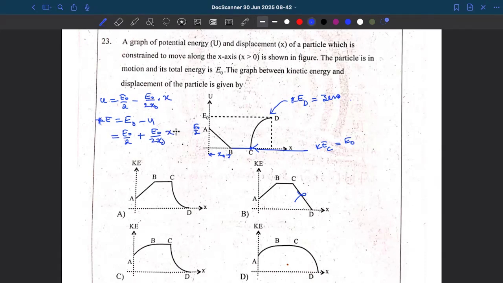So it's a straight line, but it has some positive y-intercept. So therefore, it should start from here. It should be a straight line. Wrong, wrong. That's all. I don't require to do further.